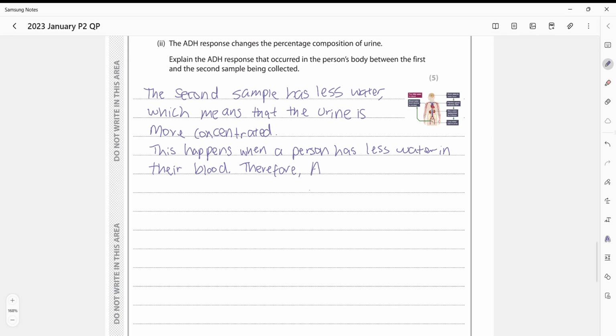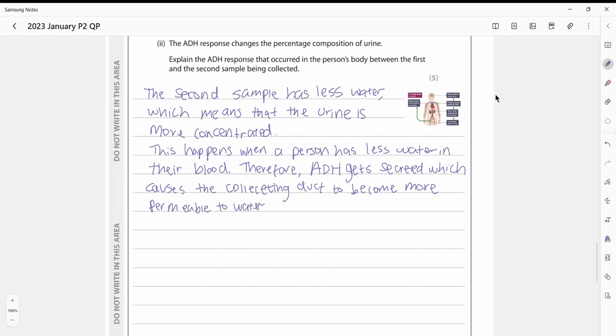Therefore, ADH gets secreted, which causes the collecting duct to become more permeable to water, so that more water can be reabsorbed.